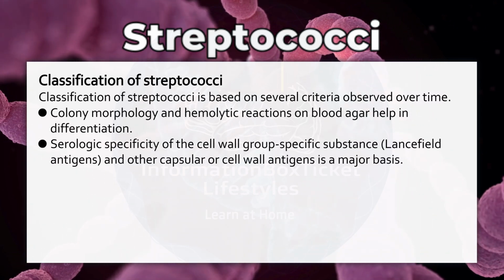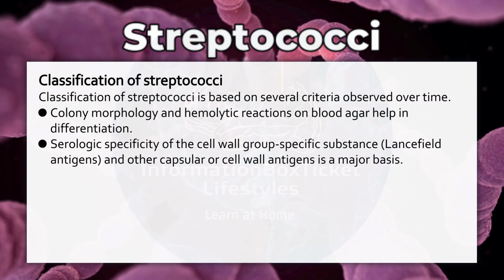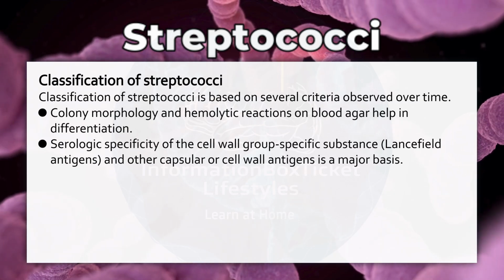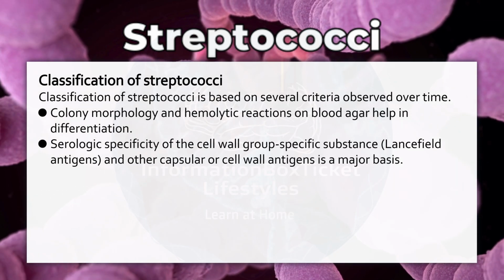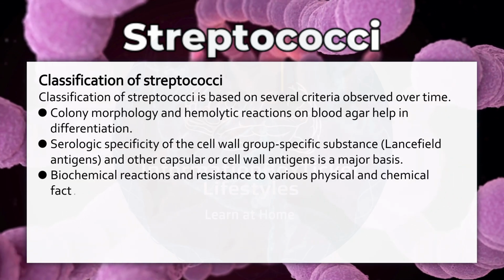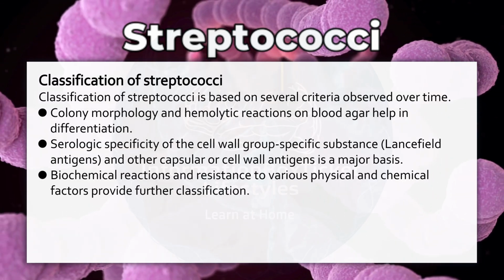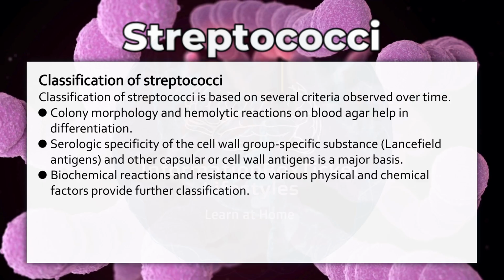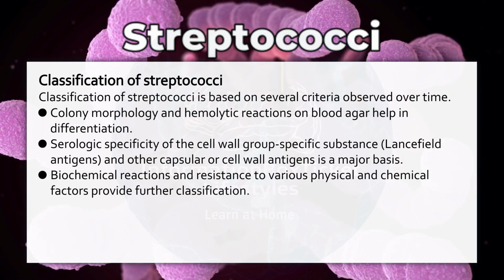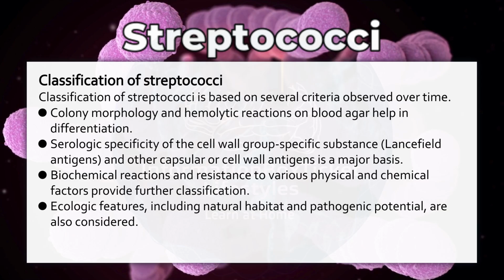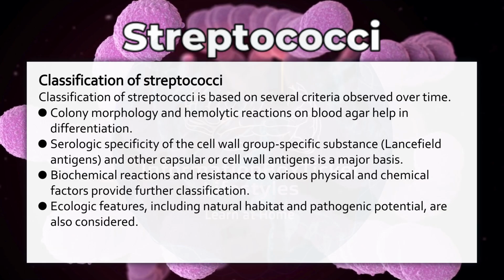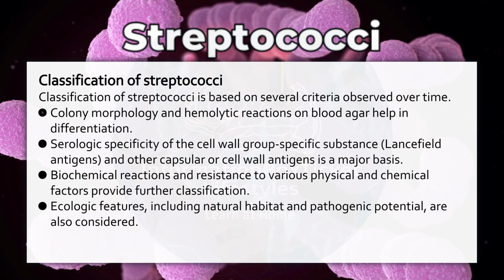Serologic specificity of the cell wall group-specific substance, Lancefield antigens, and other capsular or cell wall antigens is a major basis. Biochemical reactions and resistance to various physical and chemical factors provide further classification. Ecologic features, including natural habitat and pathogenic potential, are also considered.